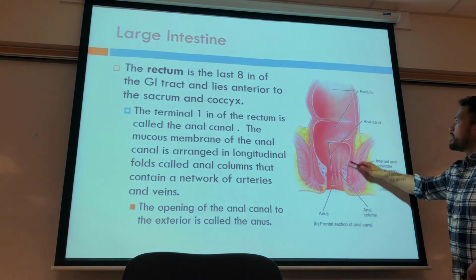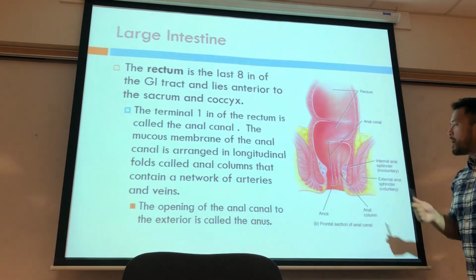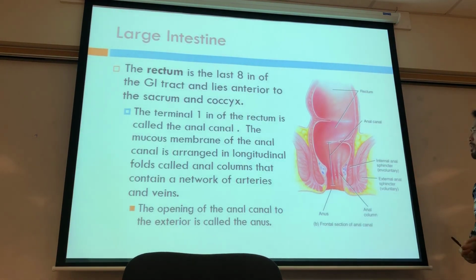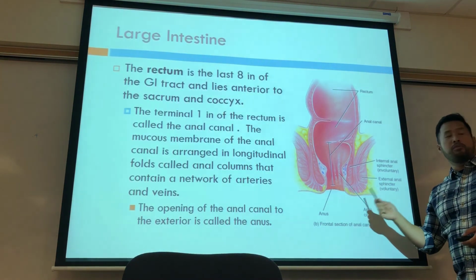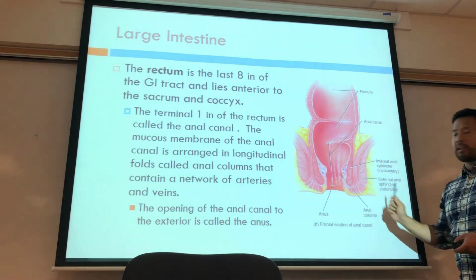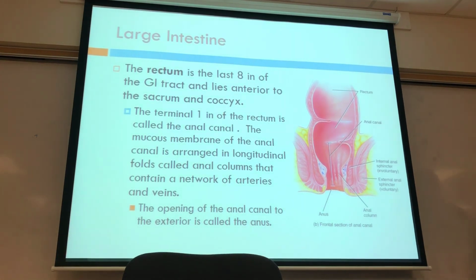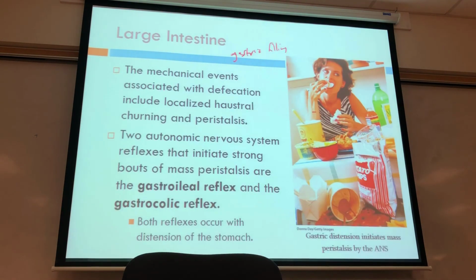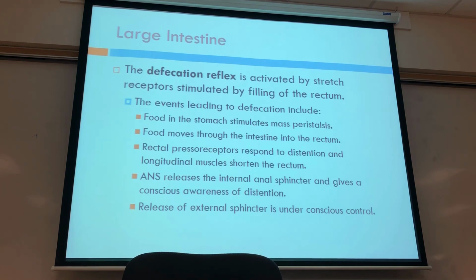So as this starts to fill up, contraction of the longitudinal muscle, increased pressure, positive feedback. Increased pressure then sends feedback information letting you know that you do have that urge to defecate. And all of that defecation is managed through contraction of the external anal sphincter. And then with the release of that external anal sphincter is where defecation actually takes place. And that's how we end up eliminating all of our wastes.